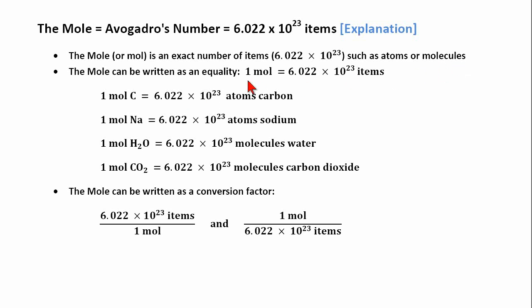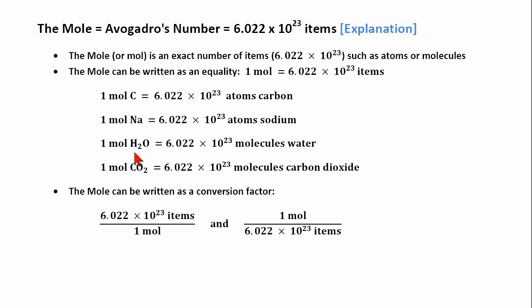The mole can be written as an equality, and MOL is just an abbreviation for mole, just like IN is an abbreviation for inch. So 1 mole is equal to 6.022 times 10 to the 23 items. Here's an example: a mole of carbon is 6.022 times 10 to the 23 atoms of carbon. And there's another example for sodium.